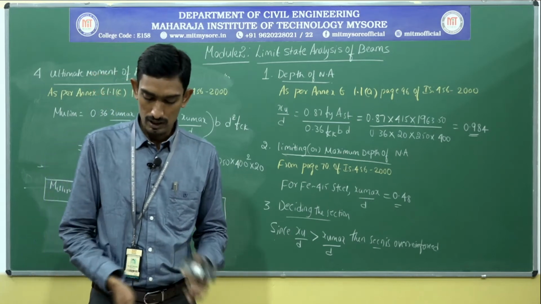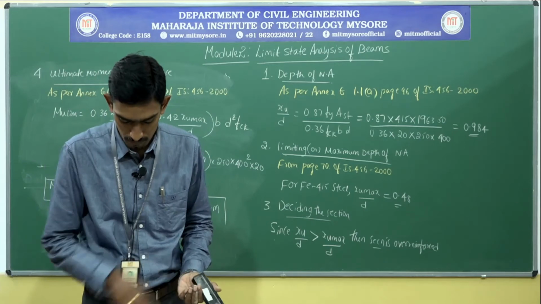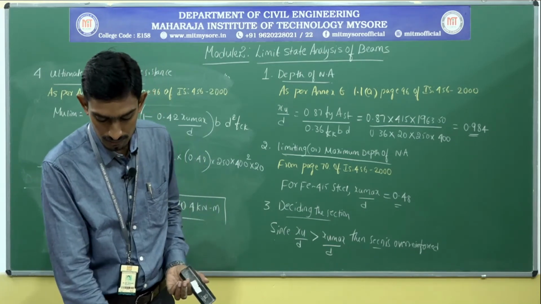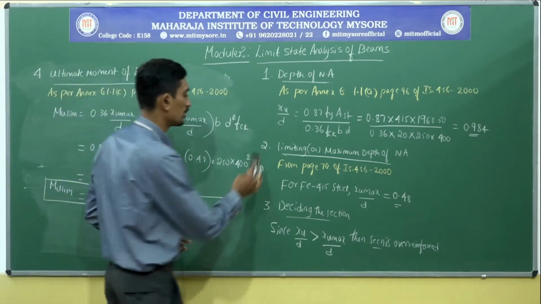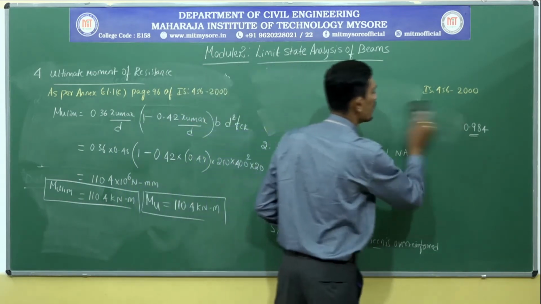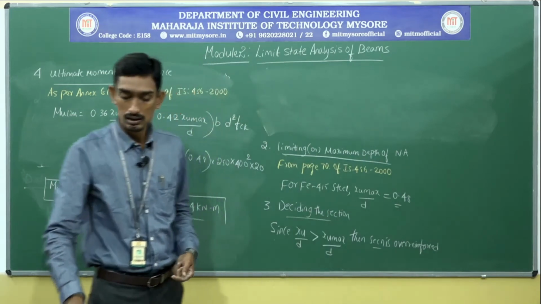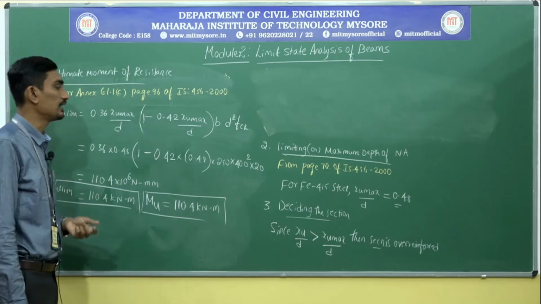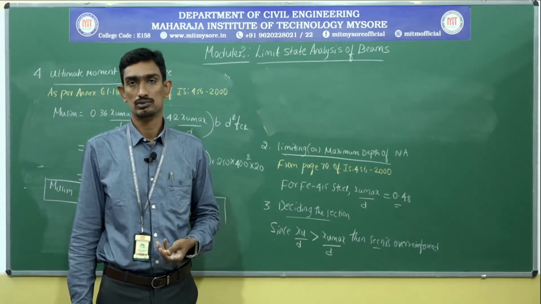So we will proceed with a few more problems. Yes, one more thing. Apart from this particular formula, we can use one more formula to calculate Mu lim only for an over reinforced section.